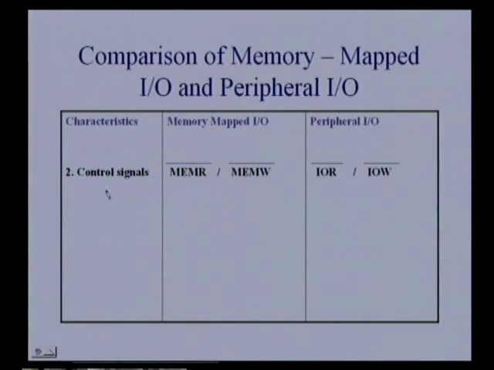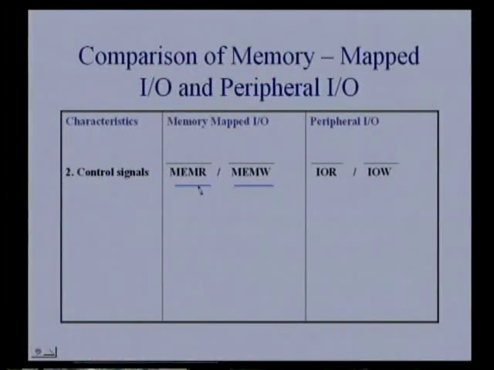The second one, what control signals are used? With memory mapped IO, memory read bar and memory write bar control signals are used. Actually, the 8085 microprocessor won't generate memory read bar, memory write bar or IO read bar and IO write bar signals by itself. It provides only the IO/memory bar signal, the read bar signal and also the write bar signal.